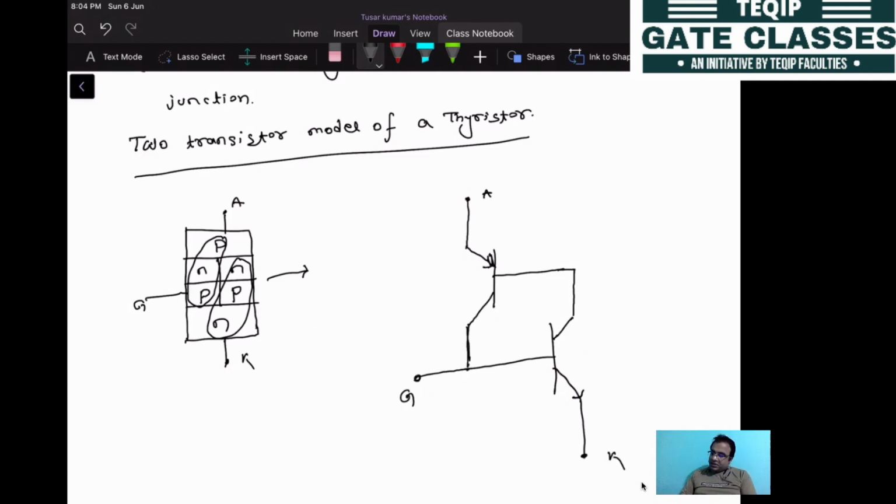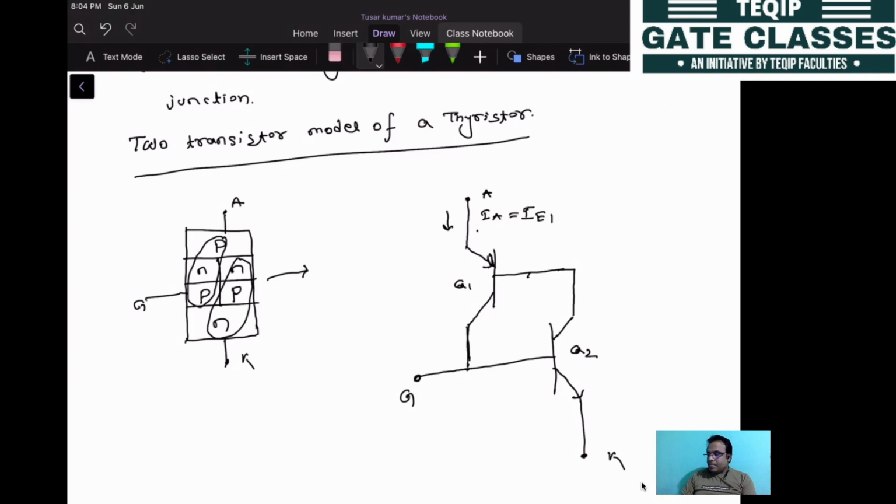If you see this terminal, that is the emitter terminal. Let's say this is transistor 1, Q1, and this is transistor 2, Q2. Here this current will be the anode current, which is equal to the emitter current of transistor 1.